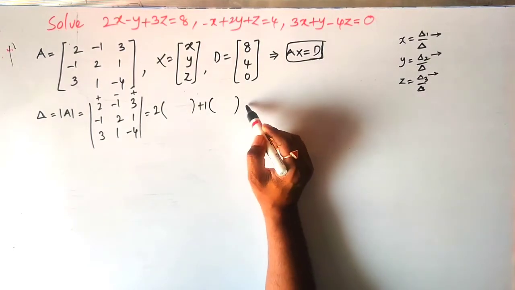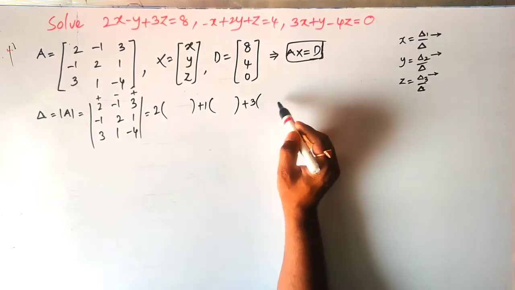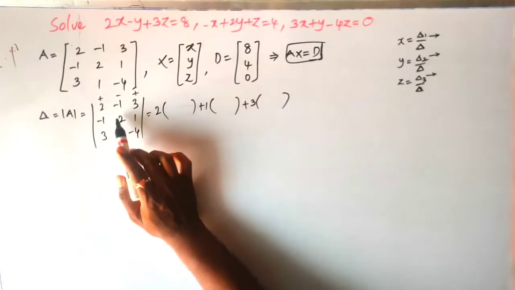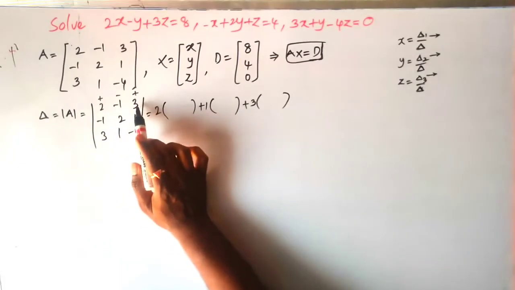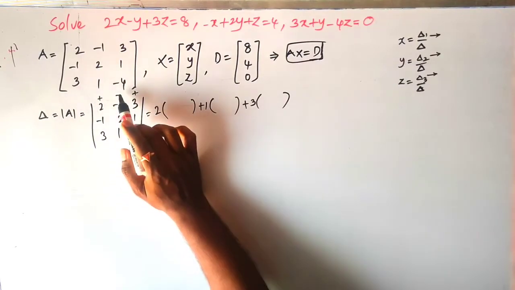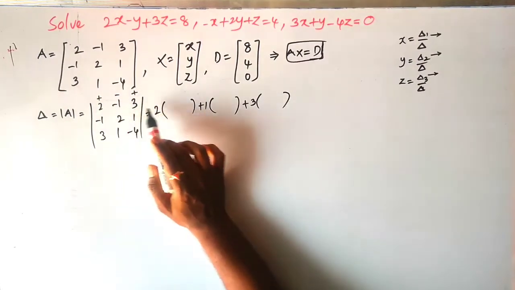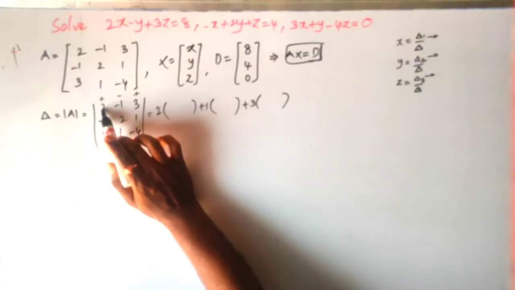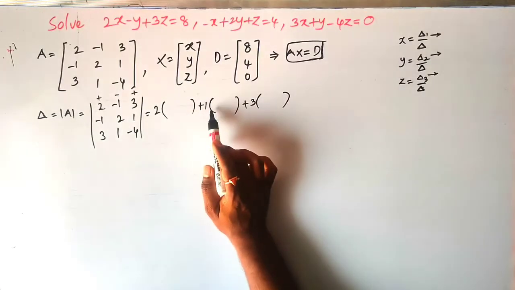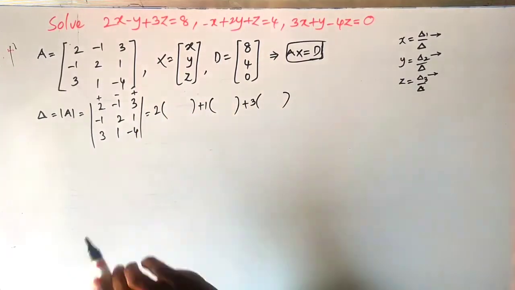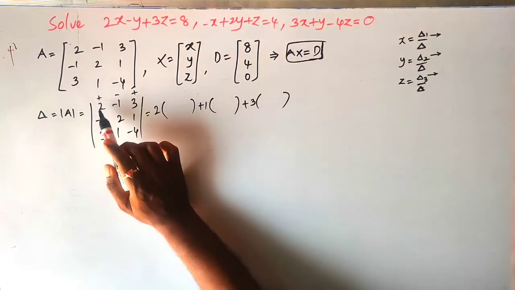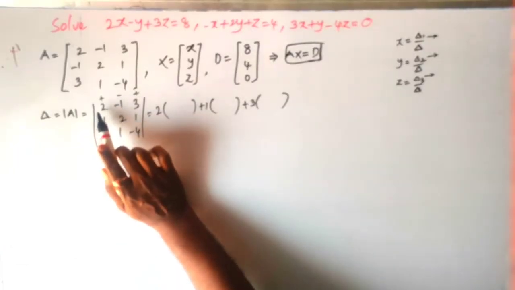See here, according to the first row, 2, -1, 3 are the elements. 2 is in first row, first column, then minus, then plus. So 2 of, minus 1 of, plus 3 of. Then we find the determinant of the 2 by 2 matrix.